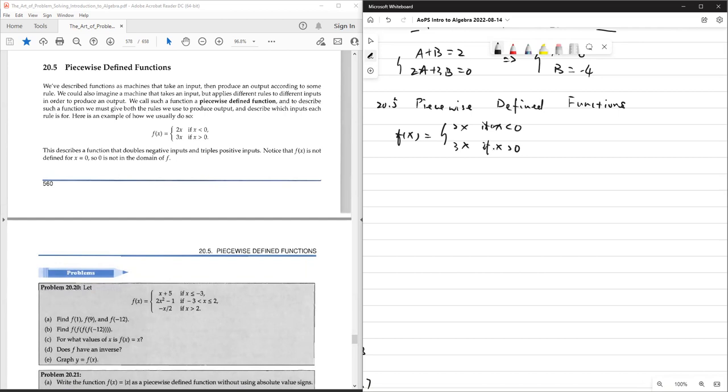So you cannot just assume f of 0 equals 0, because x equals 0 is not part of the domain. You can't say that if x is 0, both give you 0, so f of 0 equals 0. This is not right because it's not part of the domain. So when we draw the picture, you have to be careful to carve it out, right?